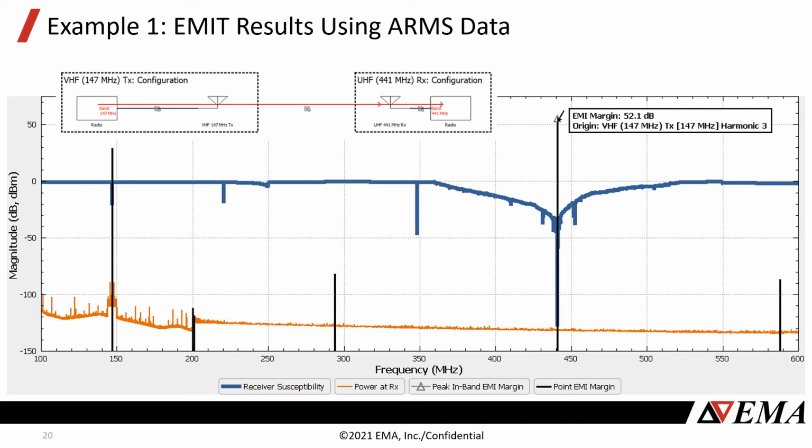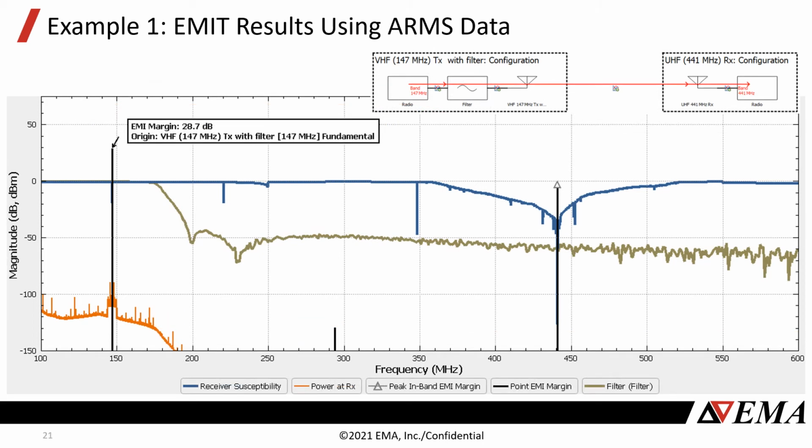So we have this really large interference problem of 52 dB. And then over here on the left, this is what Curtis was talking about at the end of the video. The fundamental of the transmitter is falling in a mixer product of the receiver. So we have two different problems, and the second one, without measured data, is not obvious at all.